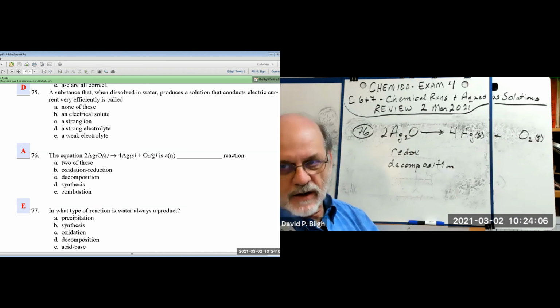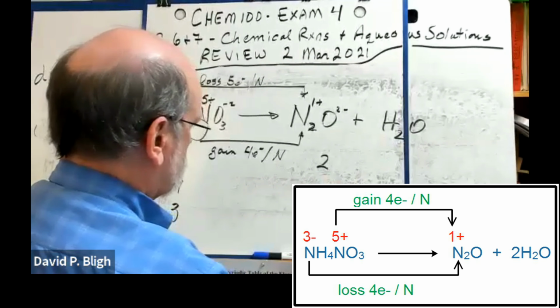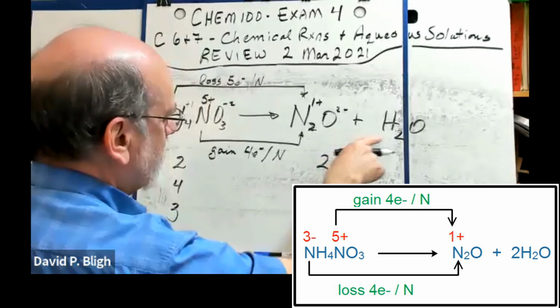And let's just say we have nitrogen, hydrogen, and oxygen. So we have 2 nitrogens here. We have 4 hydrogens. We have 3 oxygens. And over here we have 2 nitrogens. We have 1, 2 oxygens. And we have 2 hydrogens.